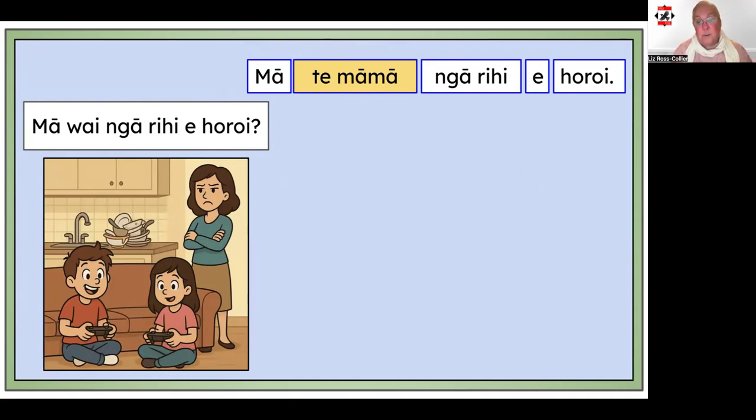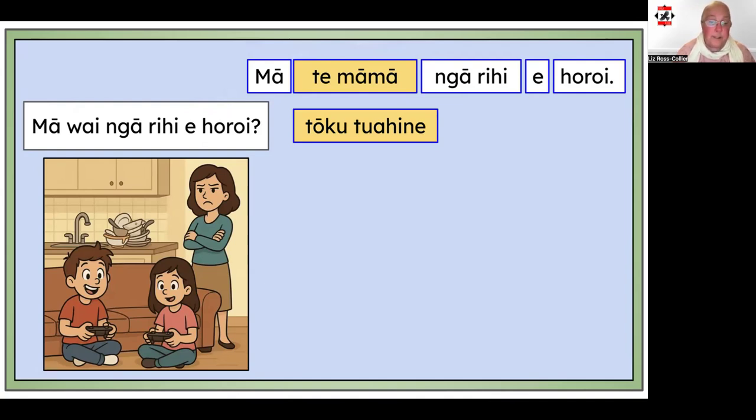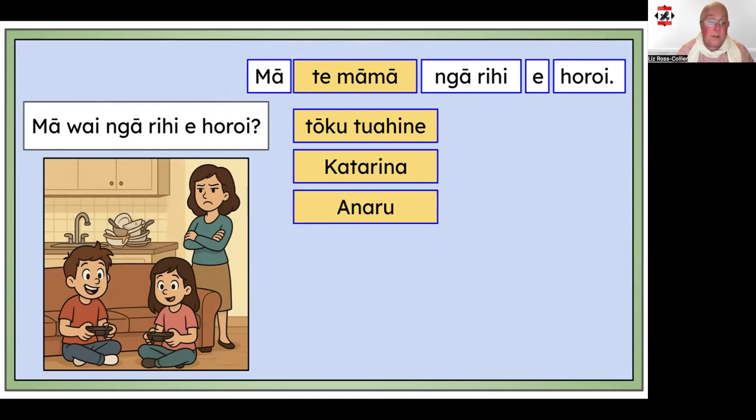Okay, so here are some possible things the children might say. They could nominate each other, and the tama might say, mā tōku tuahine, my sister will. He might name her and say, for example, mā Katarina ngā rihi e horoi. Katarina might respond and say, mā Anaru ngā rihi e horoi.